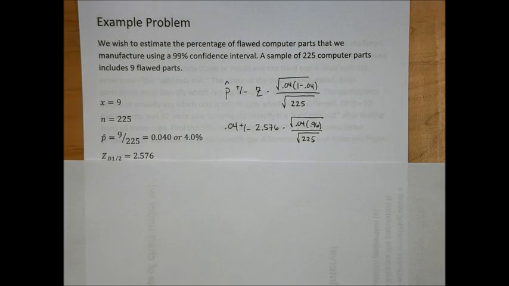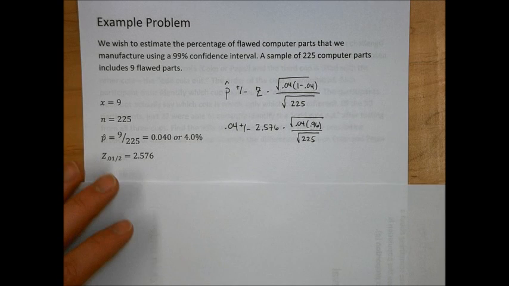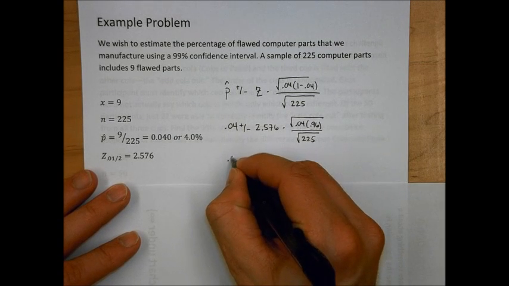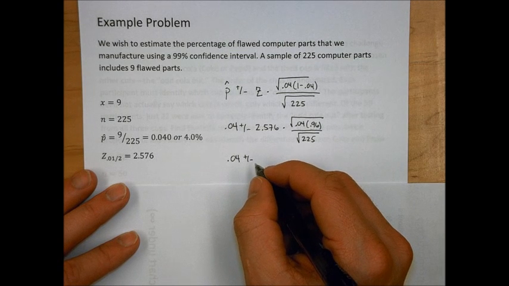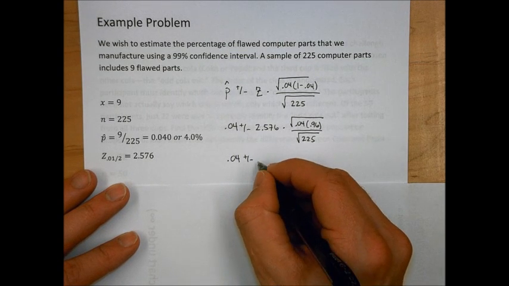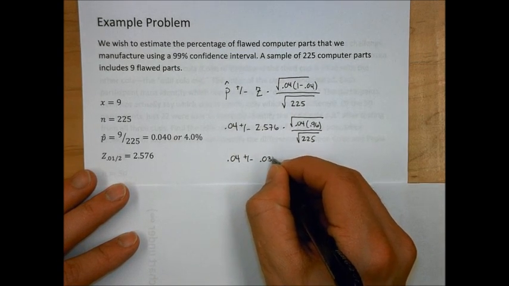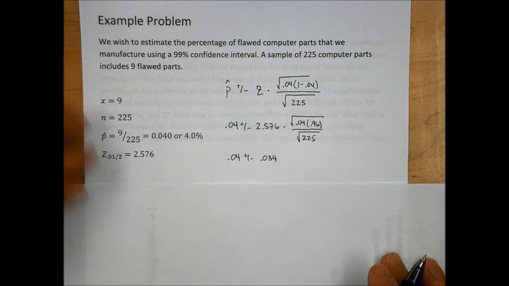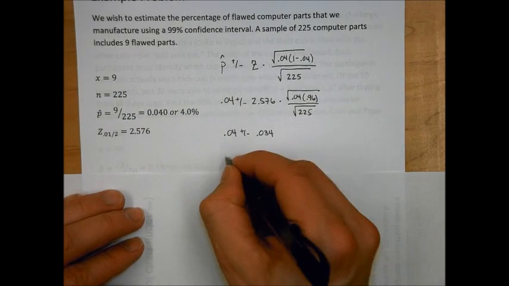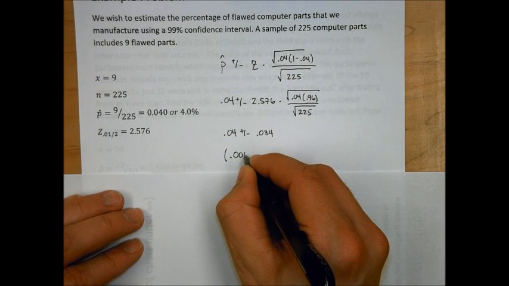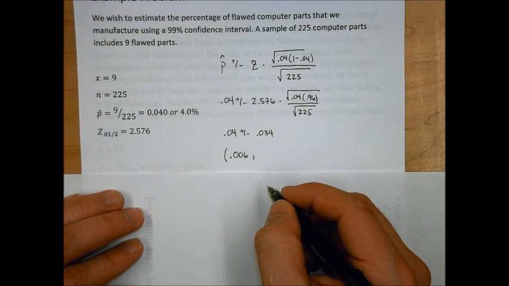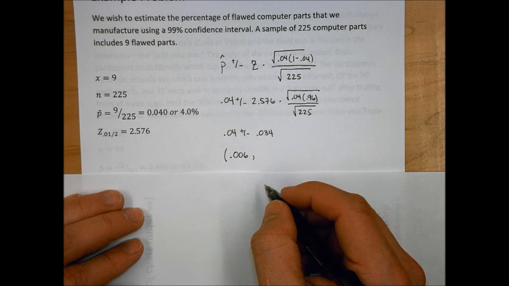To finish the confidence interval, we need to enter this into our calculator. We get 0.04 plus or minus 0.034, which gives us an interval with a lower bound of 0.006 to an upper bound of 0.074.